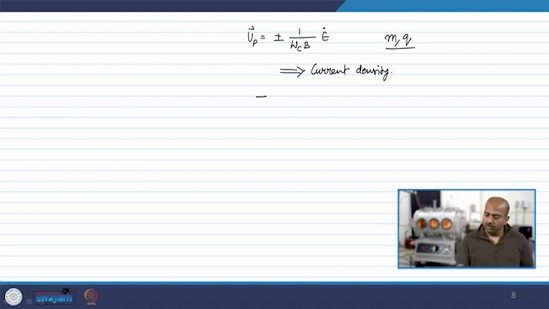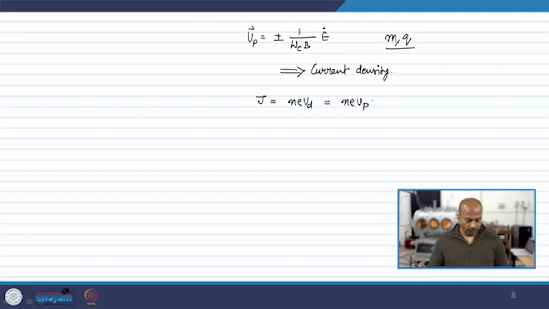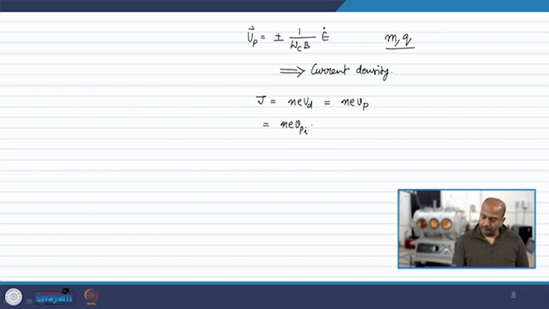So, we know the familiar expression J is equal to n e Vd, or in this case we will write n e Vp. So, this can be written as n e Vpi minus n e Vpe.